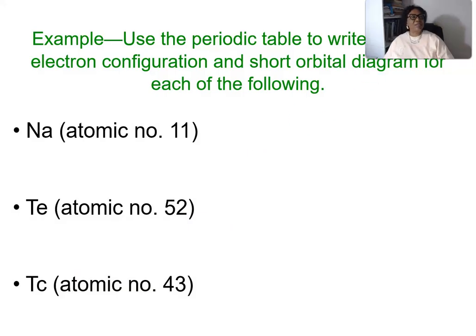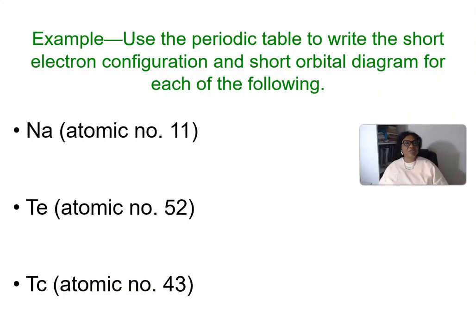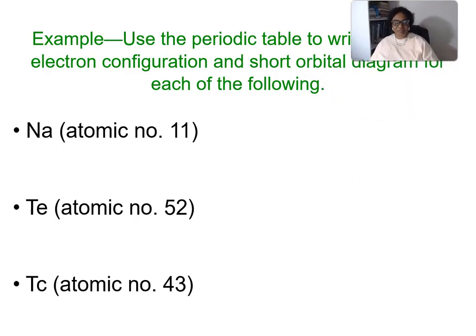So please try and practice this. Use the periodic table to write the short electronic configuration and short orbital diagram for each of the following. Practice it. So this is what we are going to have.